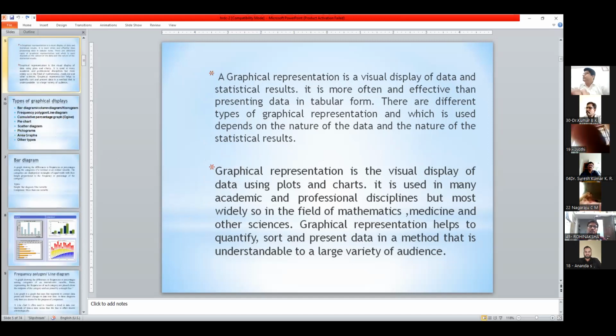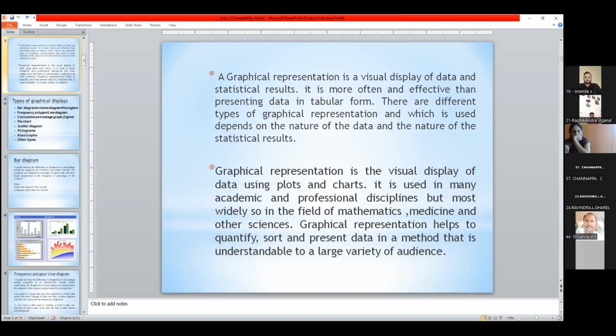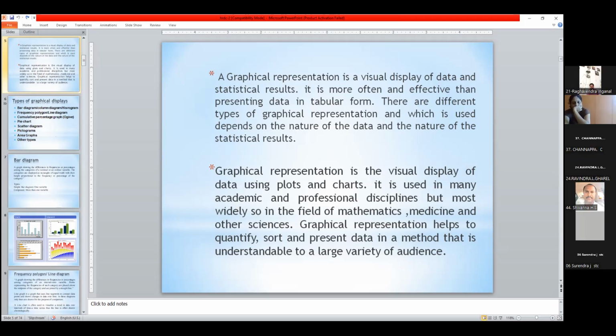This is what graphical representation as descriptive statistics provides us. Many times looking at numbers in an article may be boring, but if you present the data through pictures, I think it gives a better result, which can be seen during our election analysis and cricket matches, where data is represented more by graphics than by numbers.